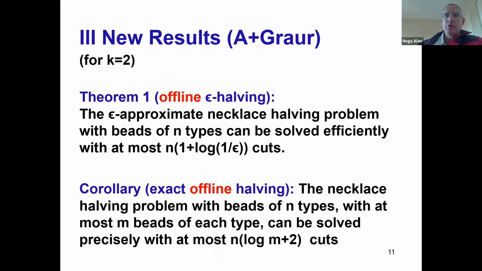Let me tell you something about the results, and then I'll try to describe some proofs, which I think are interesting. I'll try to convince you. Now I'll state the results only for k equals 2, so only for 2 thieves. But basically everything extends to general k.